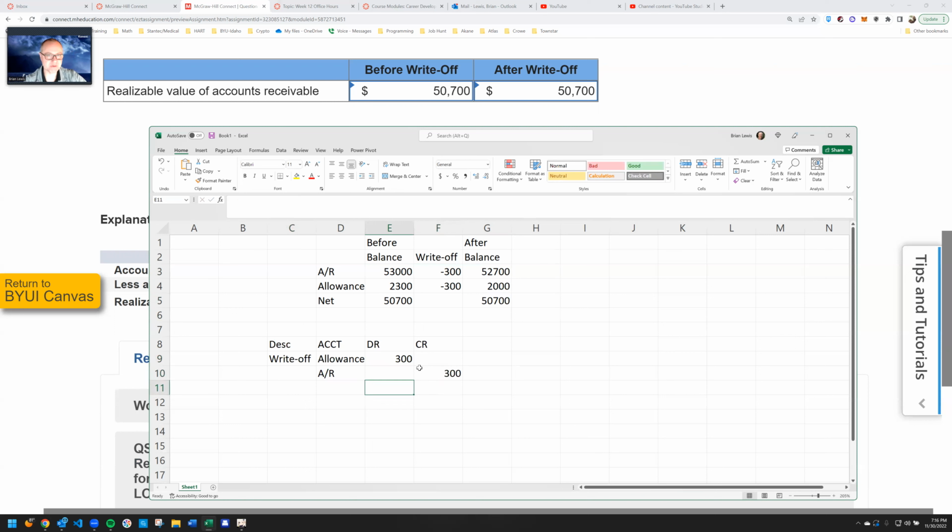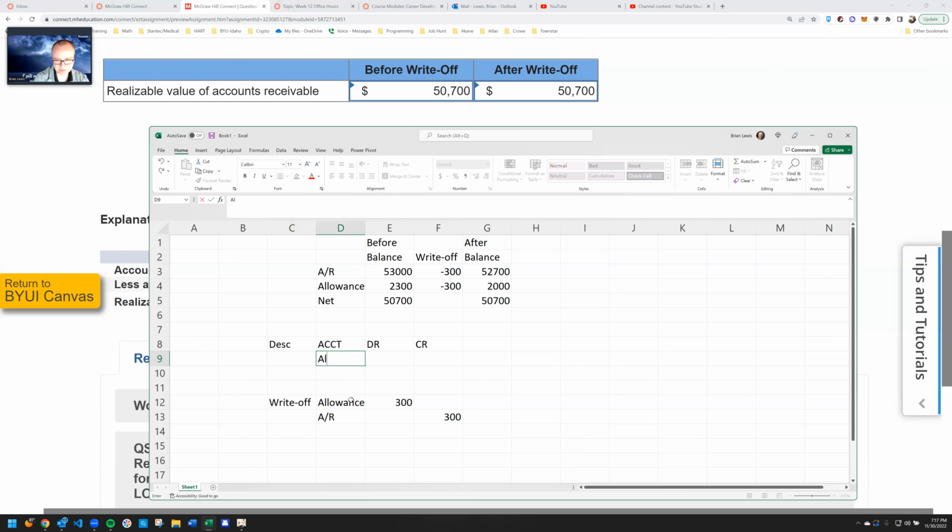The allowance is a contra account, so a debit to it ends up being a negative, and AR is an asset account, so a credit to it ends up being a negative, right? So that's why you end up seeing it's just a transfer between the asset accounts, because when you initially set up the allowance at some point, it would be allowance for bad debt. I'll just call it allowance.